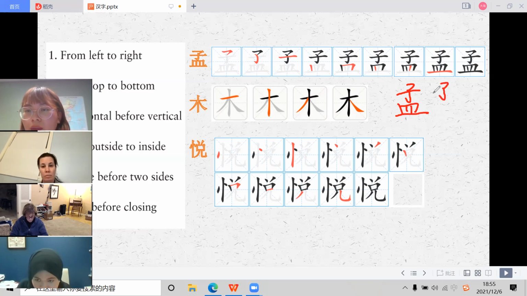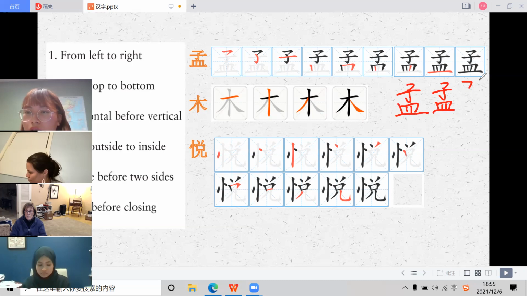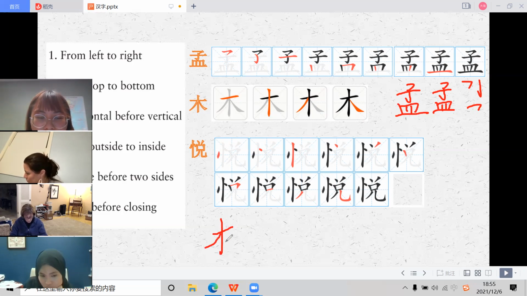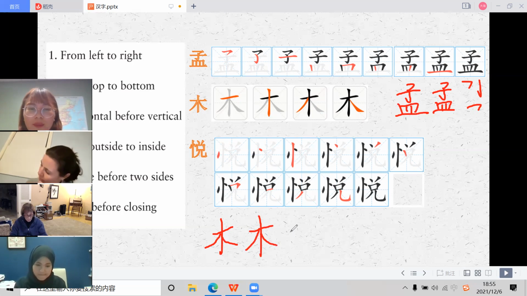Top. There, 横折 this is 1 and 竖折 is 1 and this 横折 is also 1 stroke. And 木: 横竖撇 from 木 and 月.